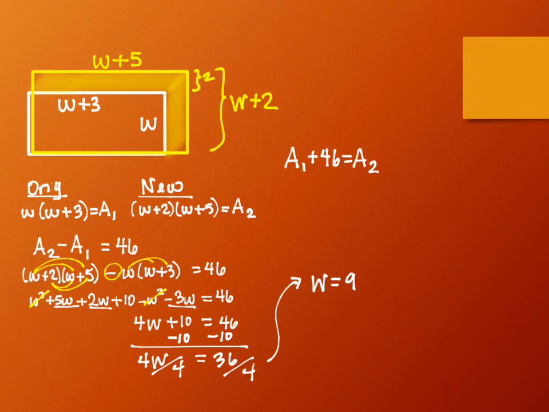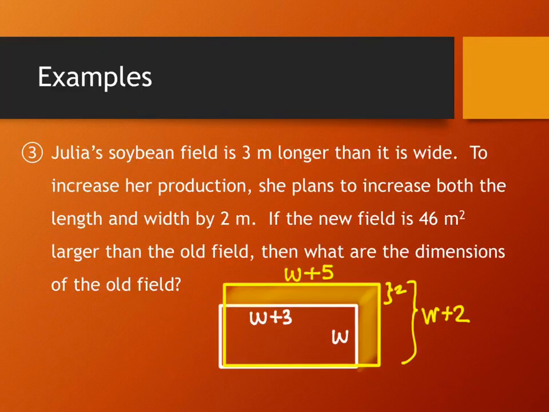Okay, be careful, right? One of our problem-solving steps at the very end said make sure the answer is what you're trying to find. I can put units on this all day, and it still may not be what I'm asked to find. The question over here actually asked me, what are the dimensions of the old field? So we have to plug W in.